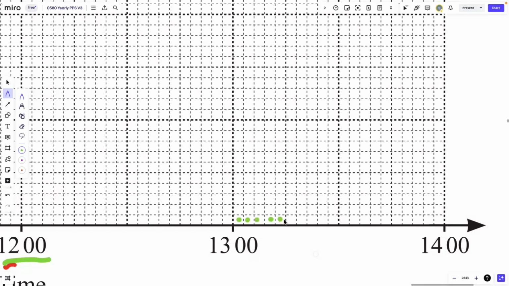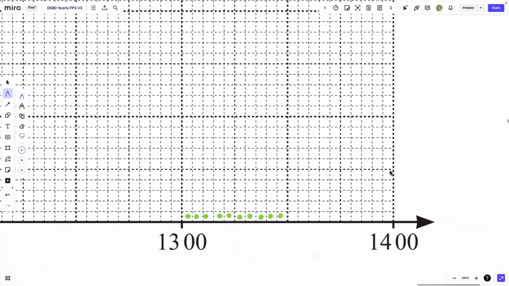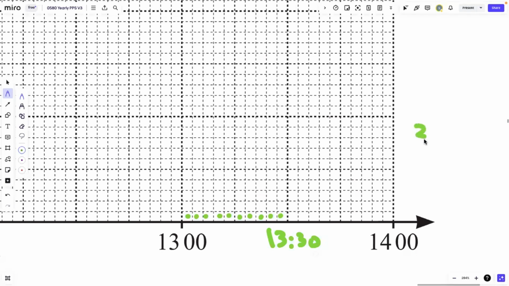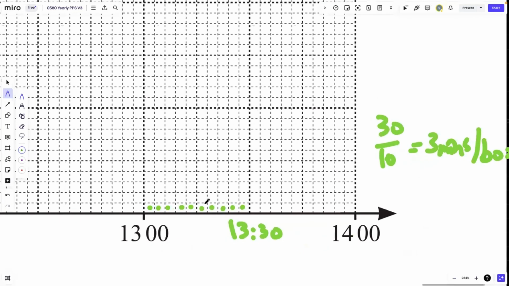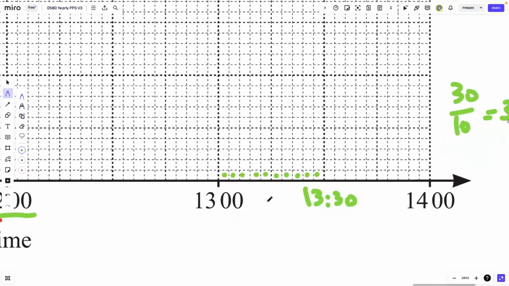1, 2, 3, 4, 5, 6, 7, 8, 9, 10. So at 10 and 10, that's 20 boxes and 1 hour between them. So that would mean that we have 13:30 here in the middle. 30 minutes being represented by 10 boxes, which means 30 divided by 10, so you have 3 minutes per box. So we'll have to go to 1:18 p.m. Let's just count for that.